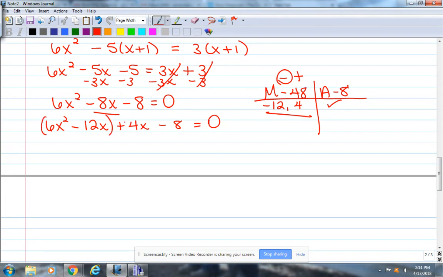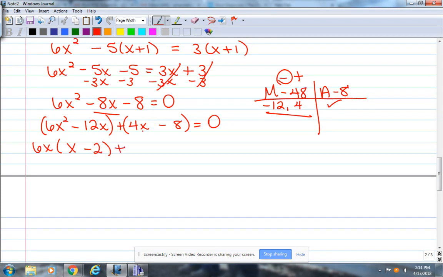Group the first, group the last. The GCF in the first group is 6x. They both have an x. What times 6x is 6x squared? x. Minus what times 6x is 12x? 2.